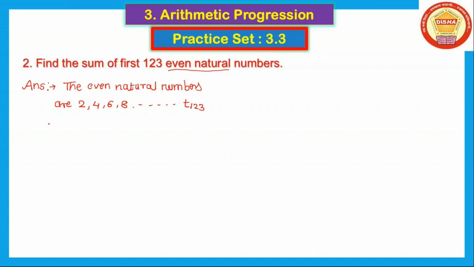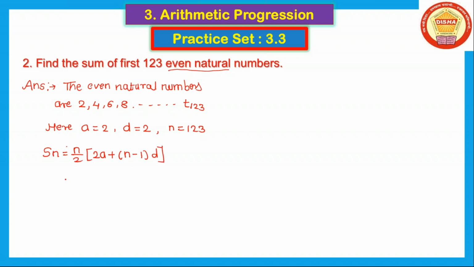From this AP we write here that a is equal to 2, the common difference is equal to 2, and n is equal to 123. To find the sum of the given terms in an AP, we use the formula of Sn. Sn is equal to n upon 2 in bracket 2a plus (n minus 1) into d.